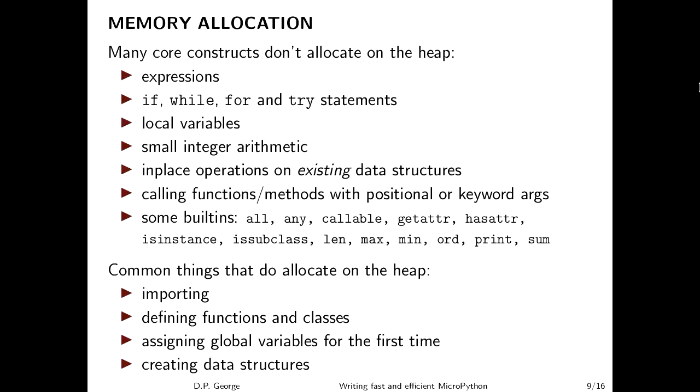So that's also good to know. So you can do quite a lot of things if you've pre-created things like lists and dictionaries. If you call functions and methods and you don't use the star or double-star operators, then that also doesn't allocate memory. So as soon as you go into the land of variable keyword and variable positional arguments, then you'll see slower code execution. And a lot of built-ins don't need to use the heap memory.